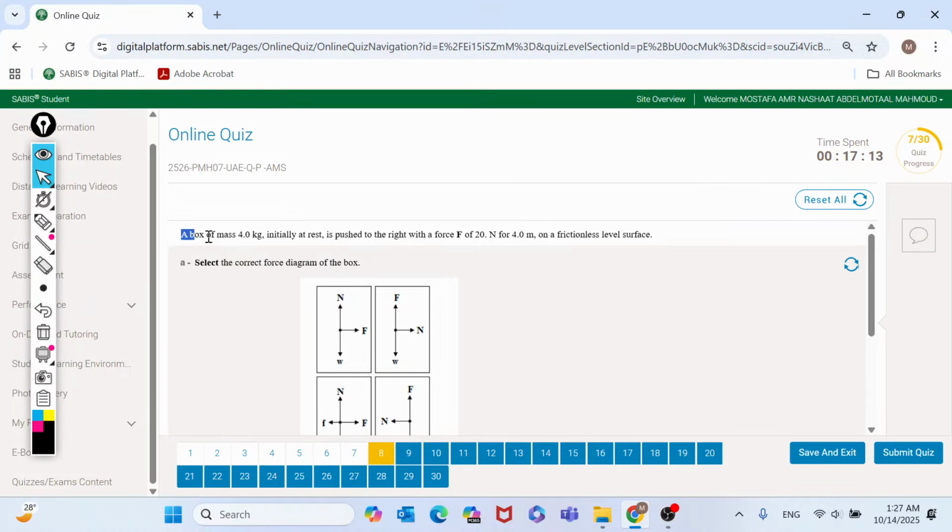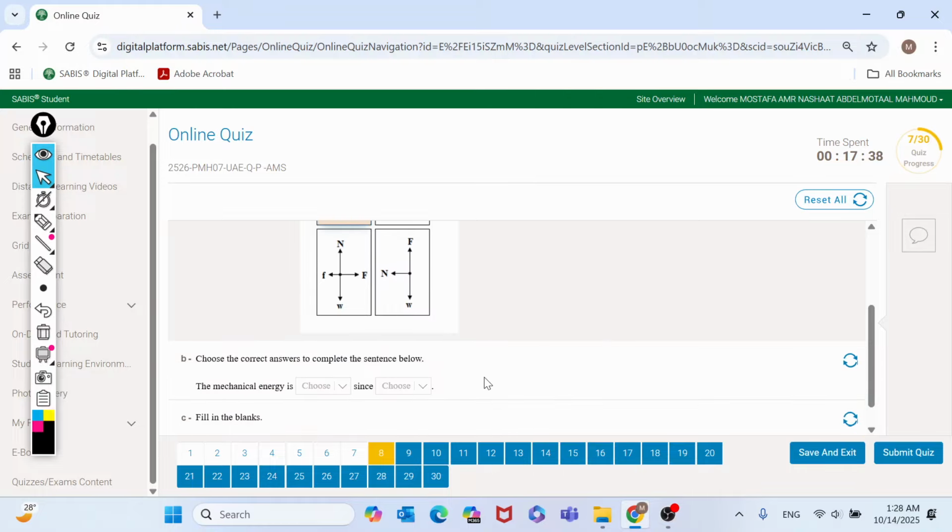Okay, a box of mass 4 kilograms initially at rest is pushed to the right with a force of 20 newtons for 4 meters on a frictionless level surface. Frictionless surface means there's no friction. So you push to the right, you have the mass, and the normal force is equal to the weight.